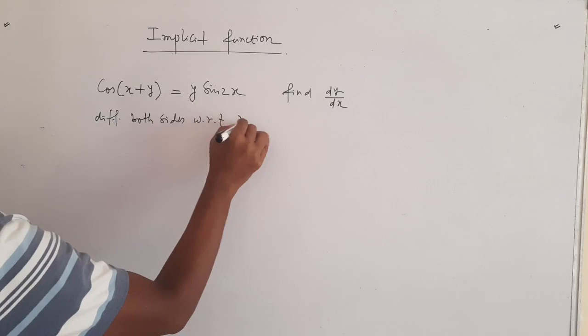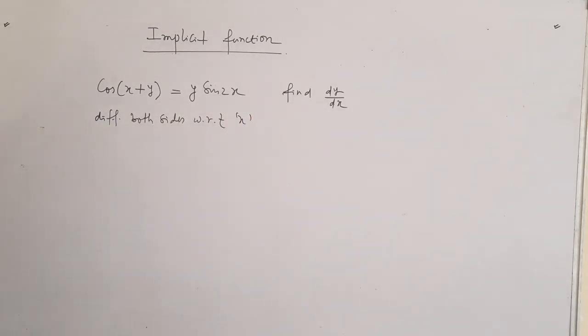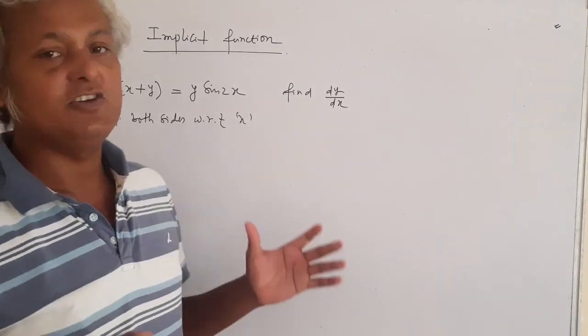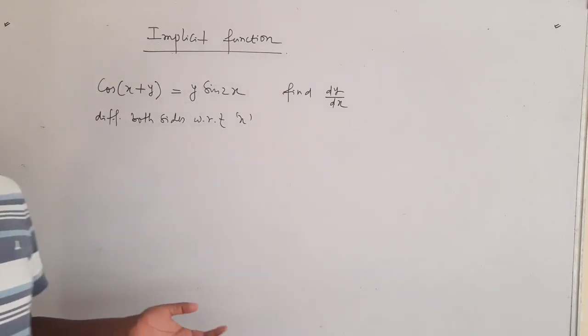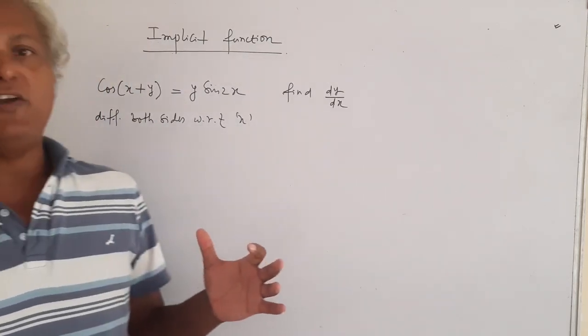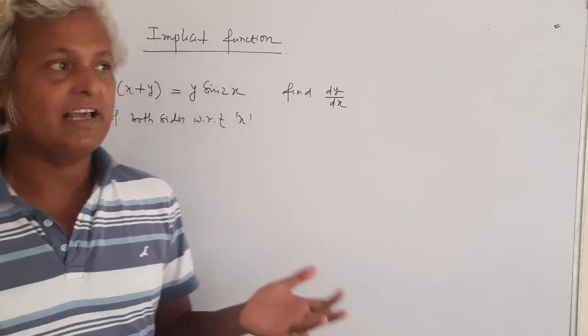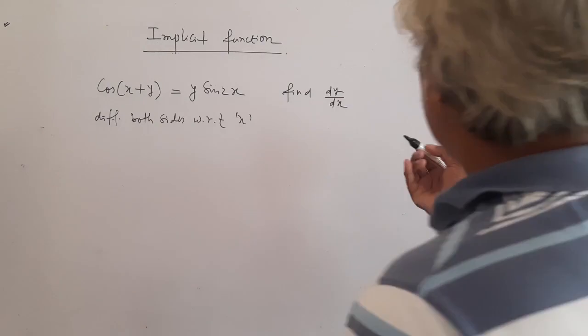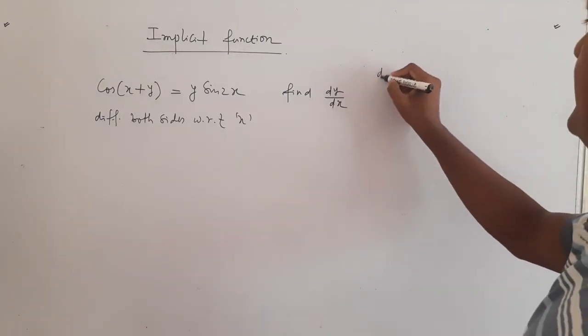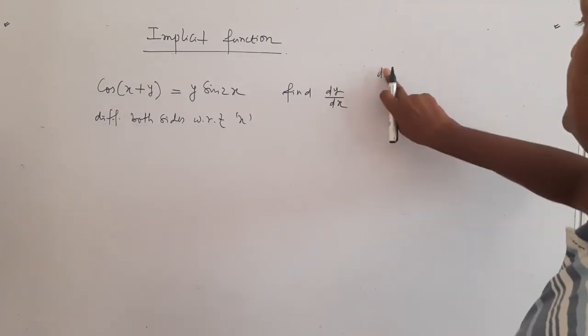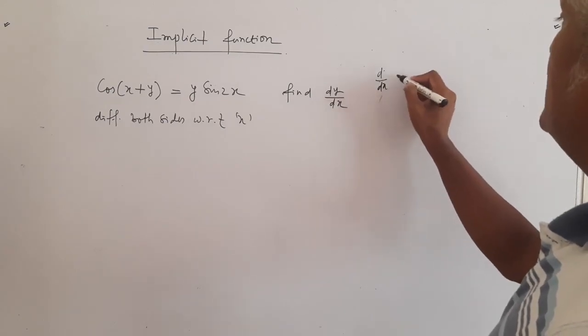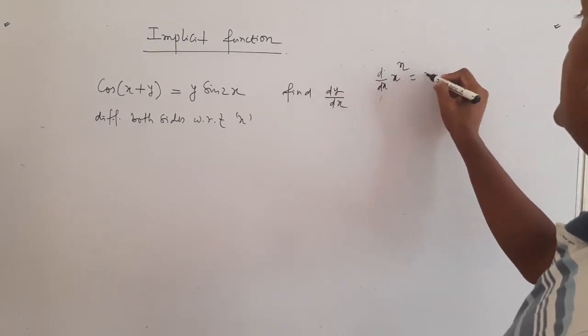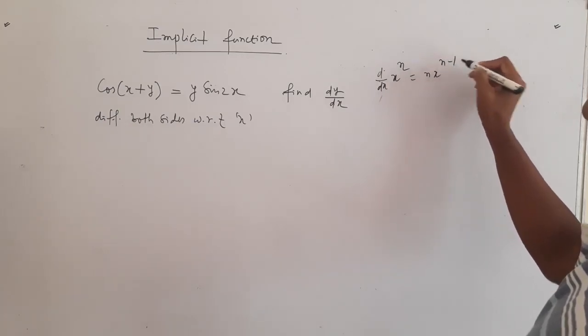with respect to x. Now in the method of substitution, I have to discuss one thing right now: you might have seen that the method of substitution is a little long to calculate. So if you want to do it quickly, how can you do it? First I write some formulas: d by dx of x to the power n is n x to the power n minus 1.